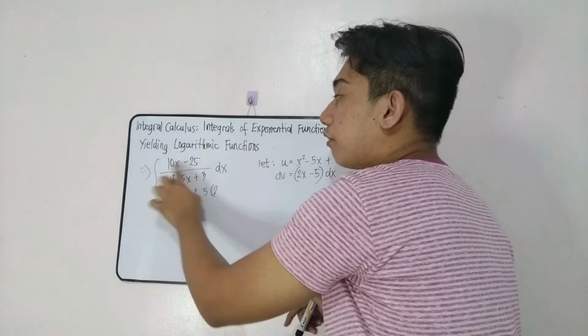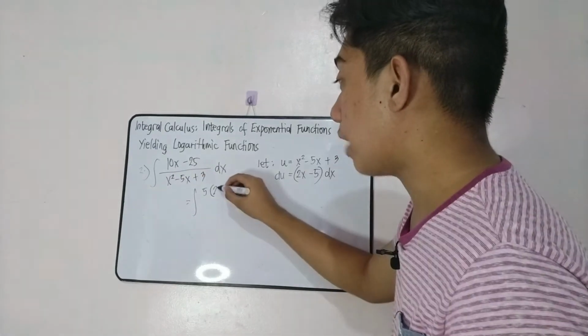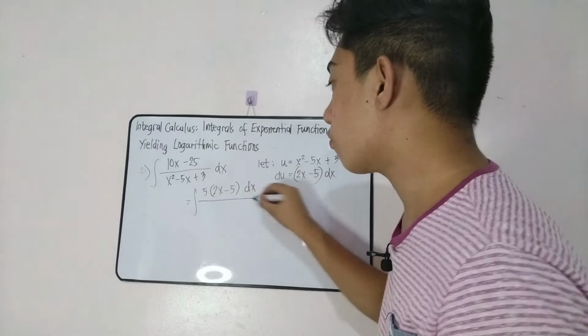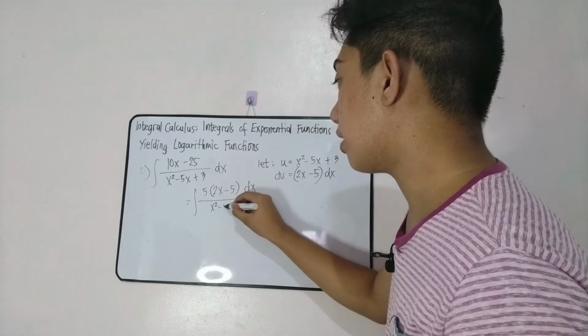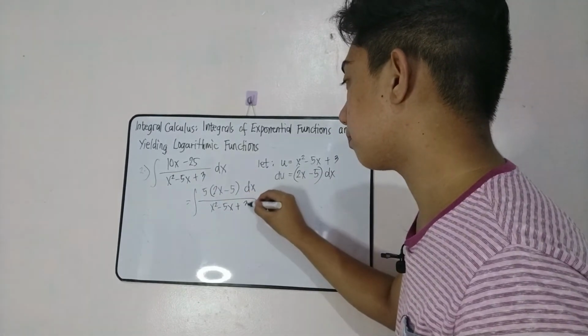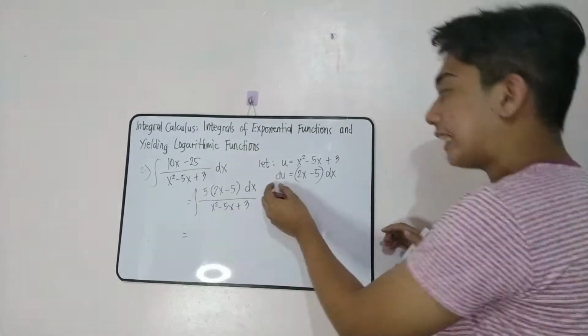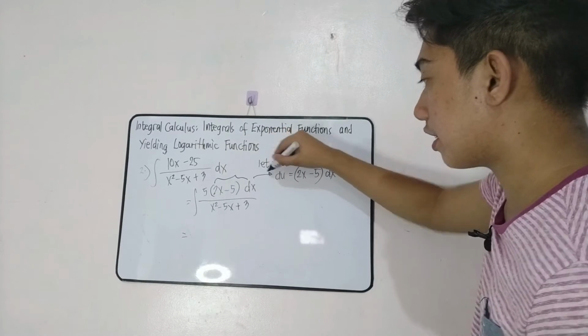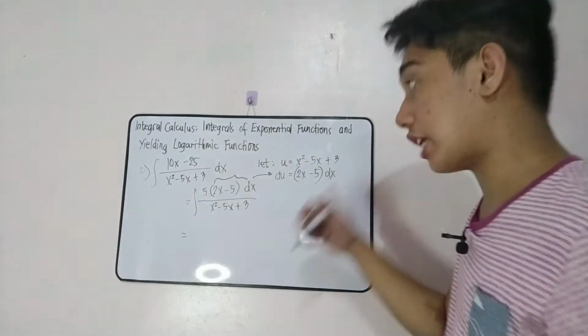So, divide natin yung 5. This becomes 5 times (2x minus 5) dx all over x squared minus 5x plus 3. And as you can see, this term can be this term. So, isa-substitute lang natin siya.